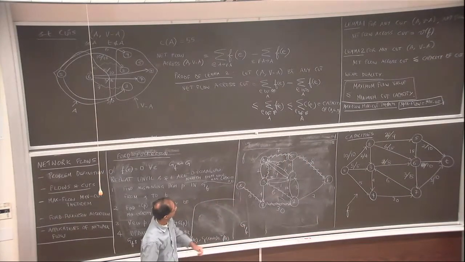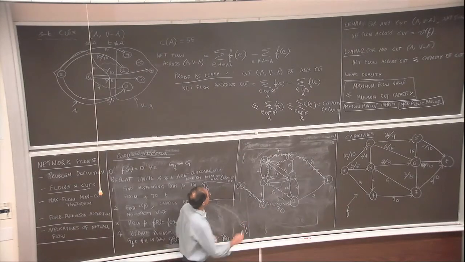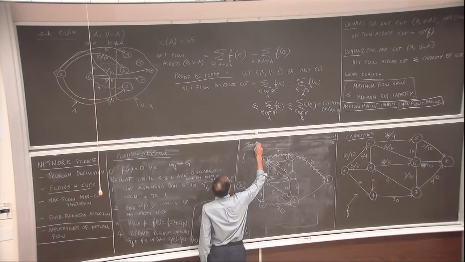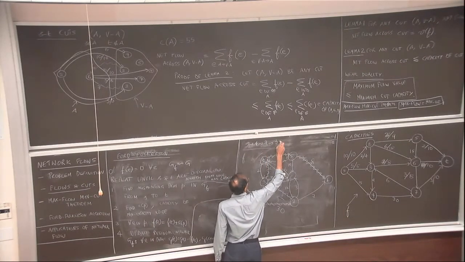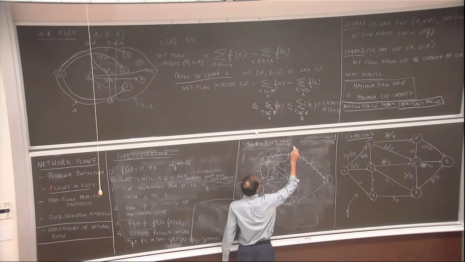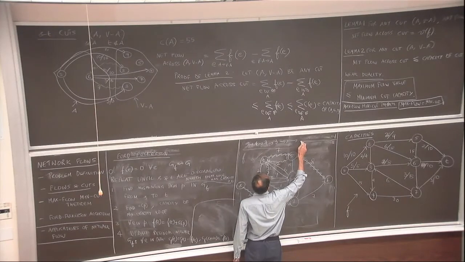Here's the path: S to 4 to 7 to 3 to 2 to 5.